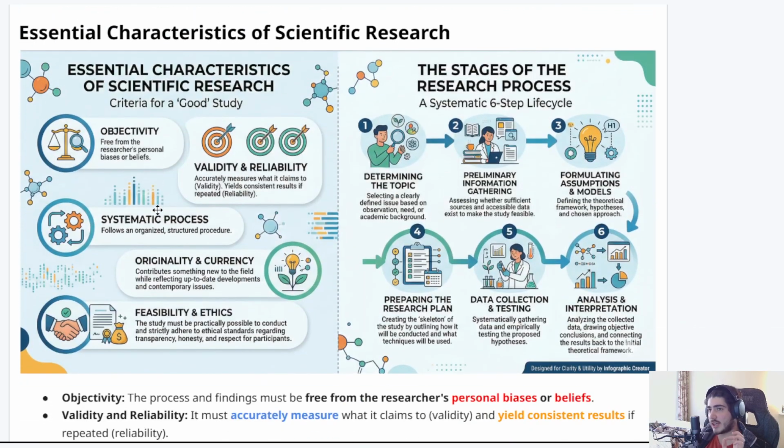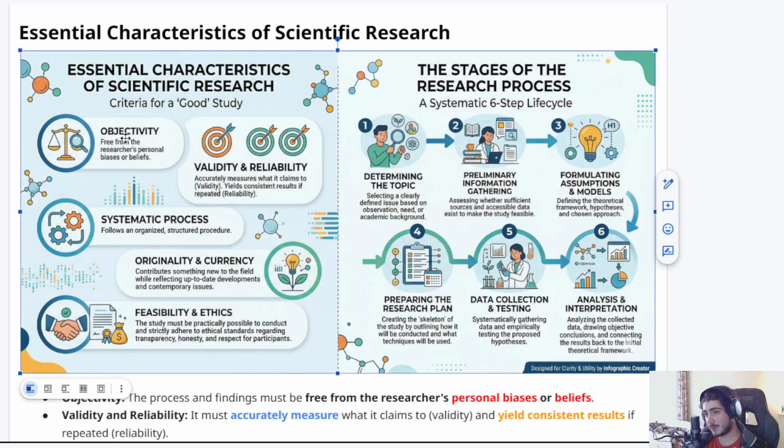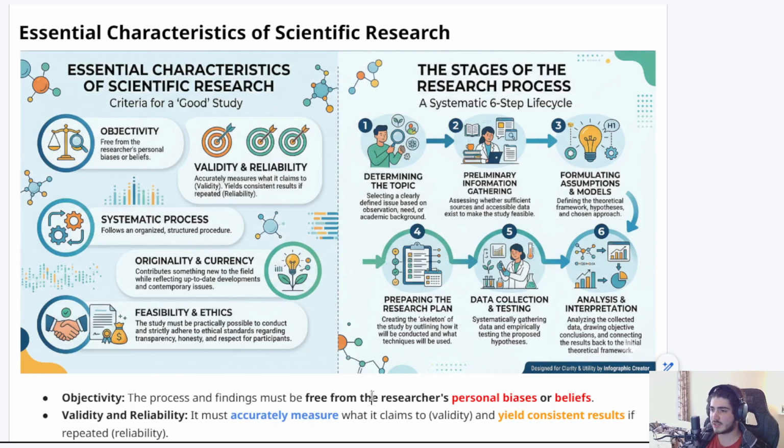When we check out the essential characteristics of scientific research, what is a good study? As we talked before, objective, valid and reliable, systematic process. It's original because if you do something that has been done before, it doesn't really contribute much to the social field, does it? You're just trying to repeat something that someone else has already done.